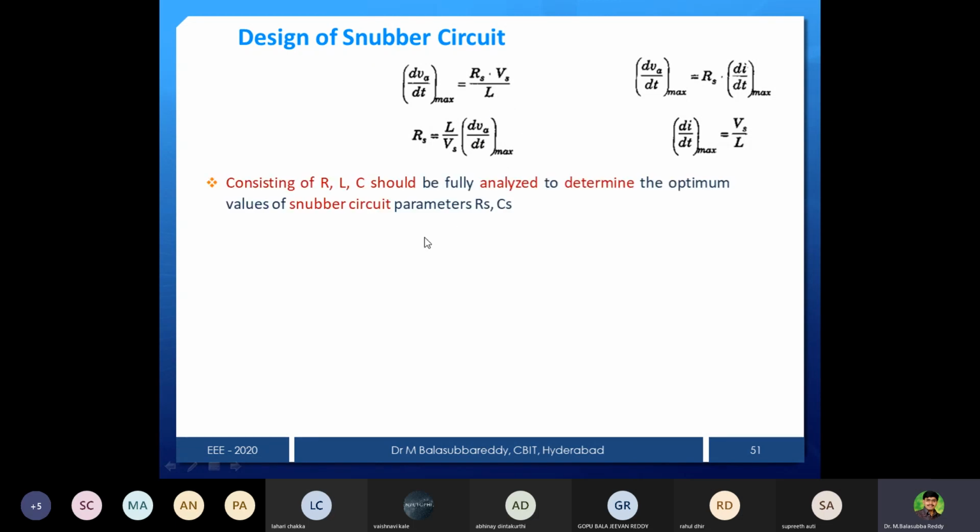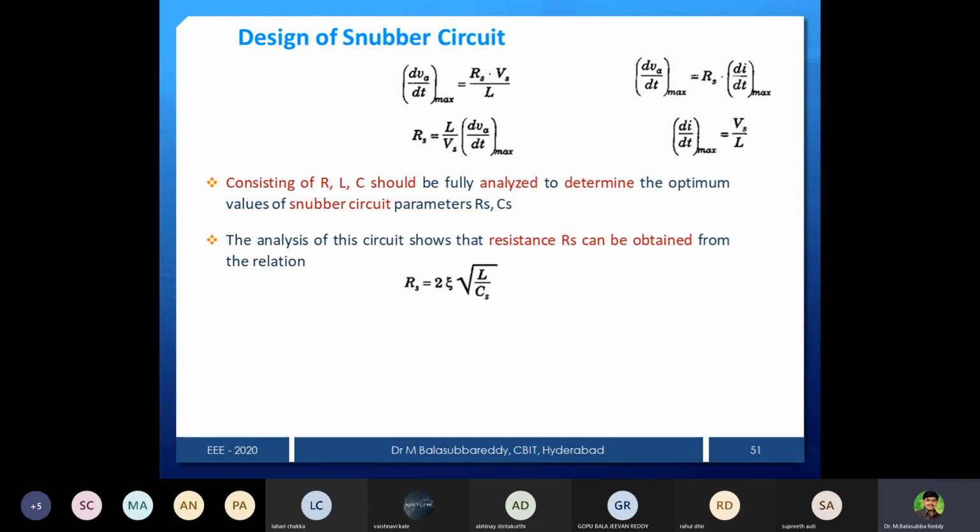Otherwise, for the RLC, what they do is some trial and error, changing the values, and finally they concluded one empirical relation for reliable operation. Rs can be obtained from this relation. So this is the generalized expression we got from our analysis.